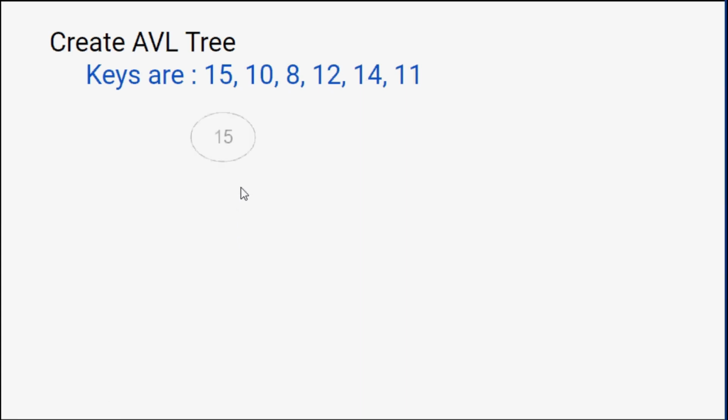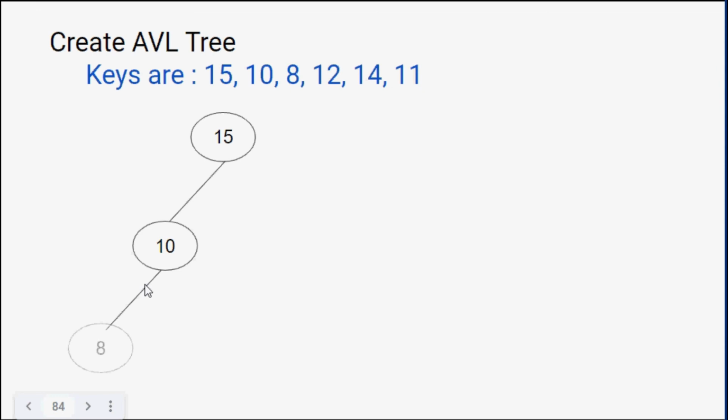First of all I am going to insert 15, then I'll check the next key, which is 10. Now 10 is less than 15, so I'll insert that as the left child of 15.